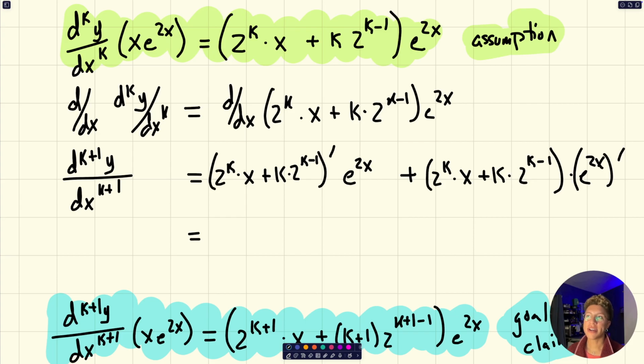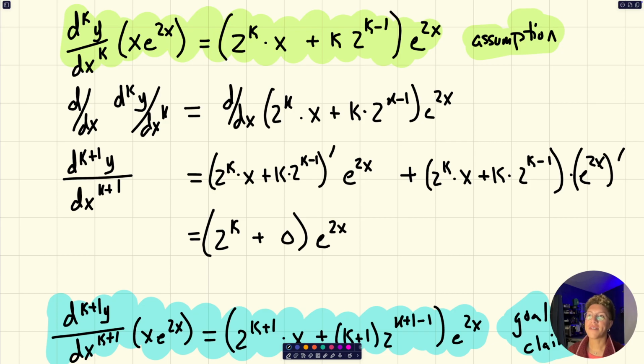Our first part here is 2 to the k. It looks complicated, but it's just a constant, so 2 to the k stays there. The derivative of x is 1, so we just get 2 to the k like that. This right here is a constant, this whole thing, so that disappears, and we get just a 0 there, like that. All that's multiplied, e to the 2x.